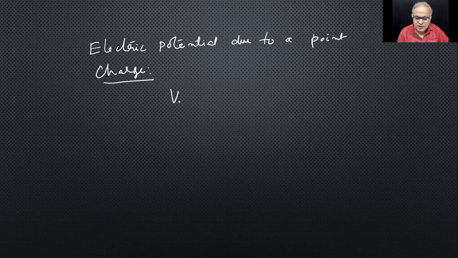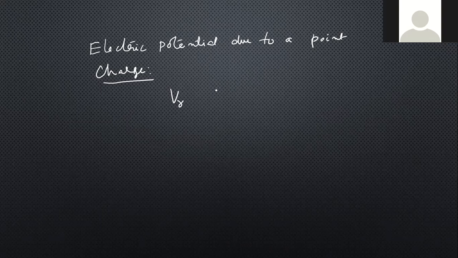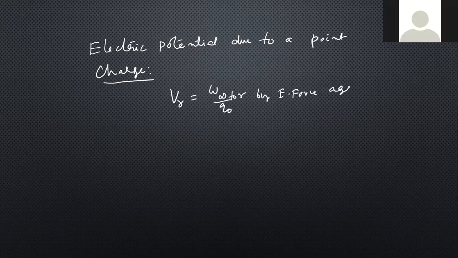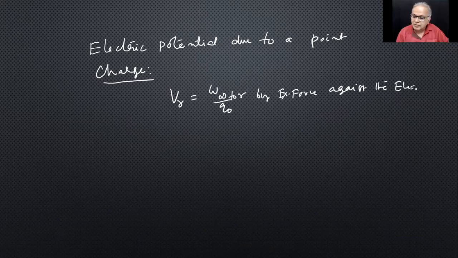Potential at a point represented by r is equal to what? W from infinity to r by q naught, by external force, isn't it? Yes, sir, against the electric force. Okay, just against the electric force. External force, this is electric force. So let us follow that.